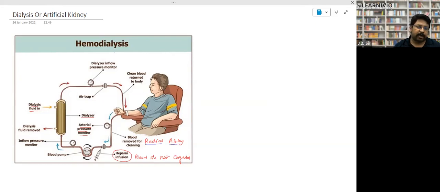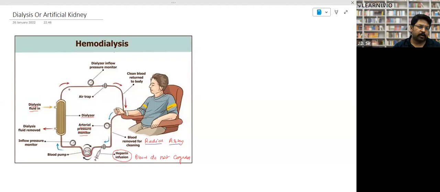So what happens when the blood passes through them? The cellophane membrane is permeable to urea only, and it does not allow other components to go outside. So urea is absorbed by the dialyzer, and fresh dialyzer fluid comes in, and that's how it cleans the blood.